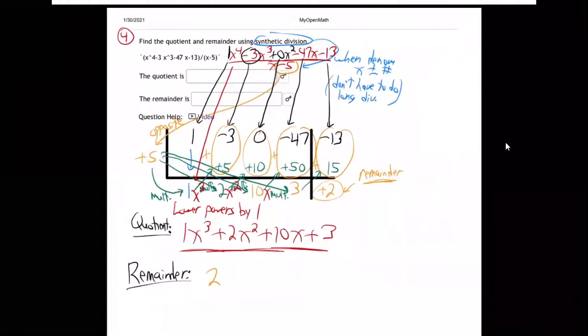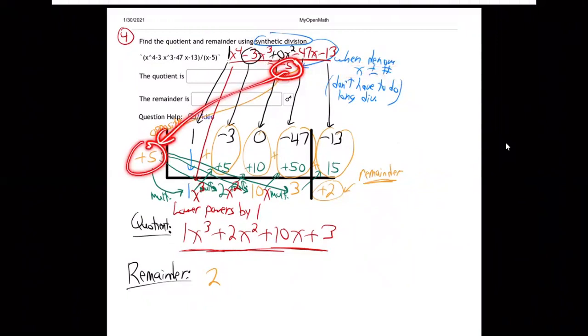So there it is. There is synthetic long division. One more time. You're allowed to do synthetic division, and you can skip regular long division as long as the denominator is just x plus or minus a number. So you take that number and you put the opposite of it. So minus 5 becomes plus 5 on the outside of the big L bar. And then you write down the coefficients, the numbers in front of your terms.